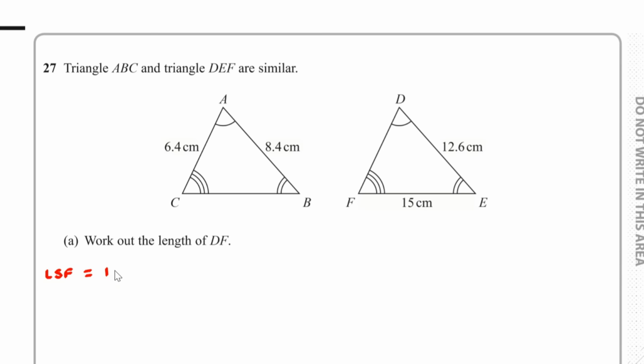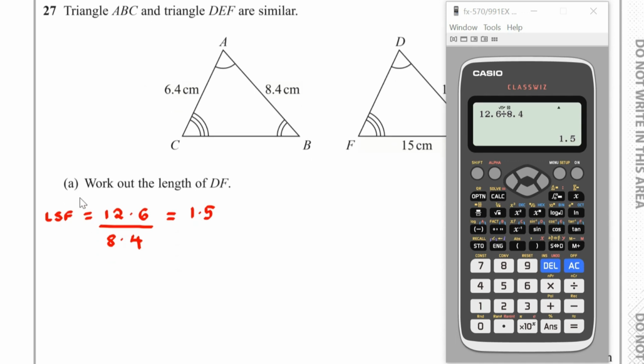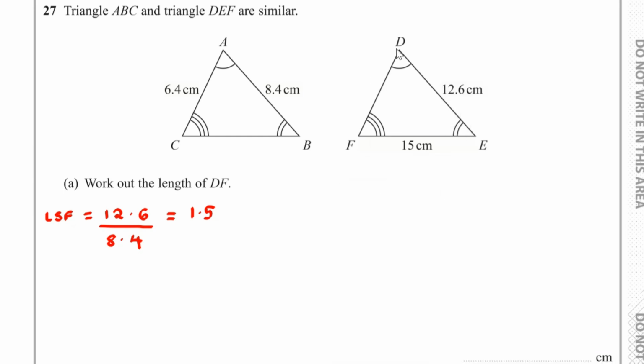So we've got 12.6 divided by 8.4 being our length scale factor. 12.6 divided by 8.4, as a decimal, is 1.5. So we have 1.5 for the length scale factor.